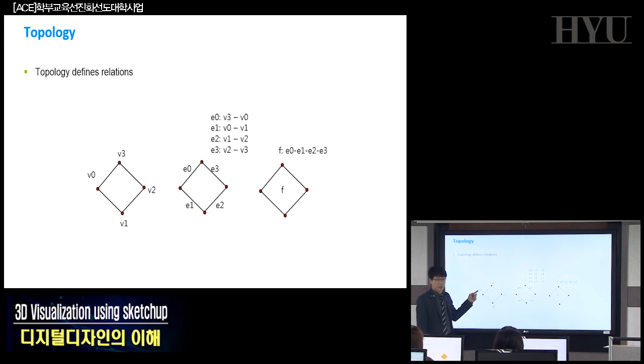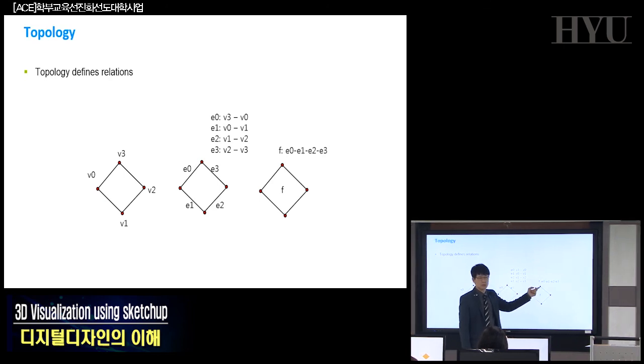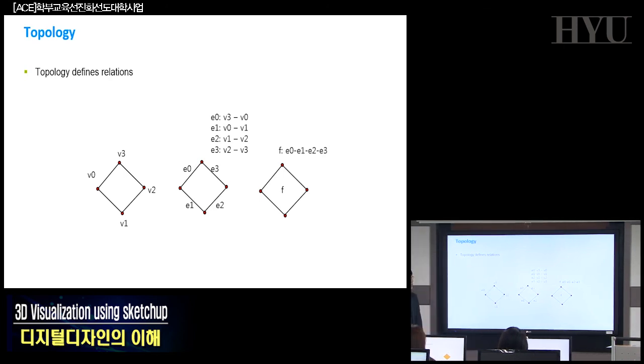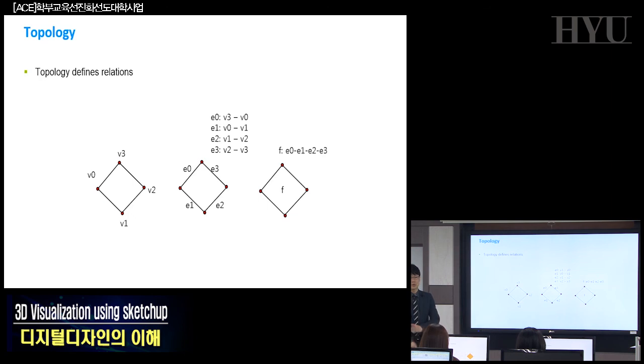So vertices, 4 edges, E0 through E3 mean edges. And the combination of 4 edges is going to make one face, okay? That is why I use the terms V, E, F. So this is the relationship between 4 different elements, vertices, edges, and faces.